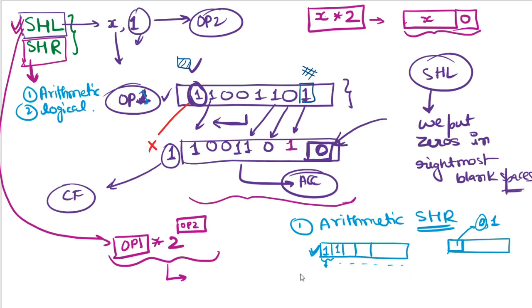Now when we do logical shift right, it will by default consider the values to be unsigned. So the entire value is an absolute value, and this will be positive.